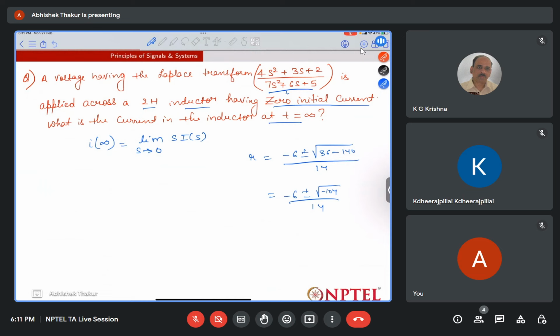You can see that there is some imaginary term, but both the roots are lying in the left hand side of the s plane, at minus 6 over 14 in the real part. So both roots are lying in the negative, left side, with some imaginary value also, that is the square root of minus 104 by 14.